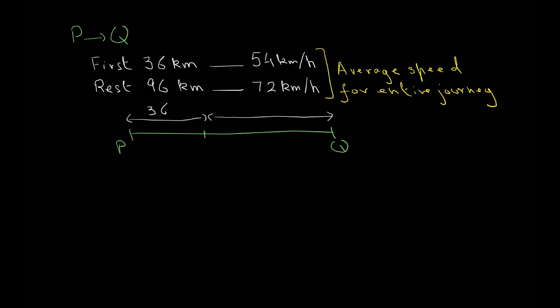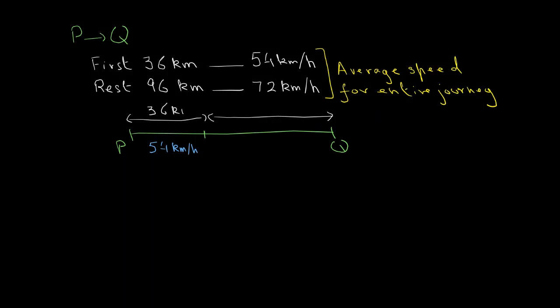So let's break down the journey into two parts. Let's first compute the time taken for the first part. Here we know the average speed is 54 kilometers per hour. This is 36 kilometers, and this is going to be 96 kilometers.